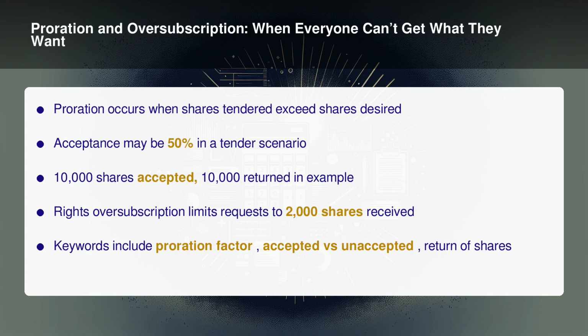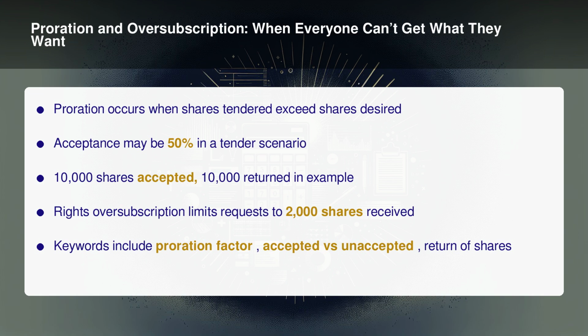In tenders and rights, you often face proration. If the issuer wants to buy back 1 million shares, but investors tender 2 million, acceptance may be 50%. For example, a client tenders 20,000 shares. Proration at 50% means only 10,000 accepted, 10,000 returned. Rights oversubscription works similarly.